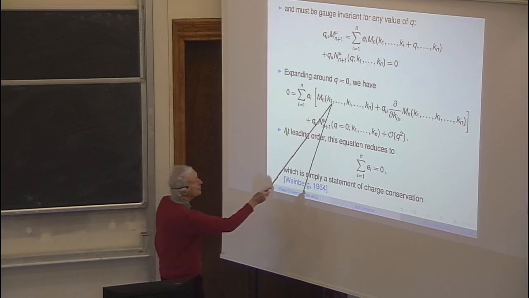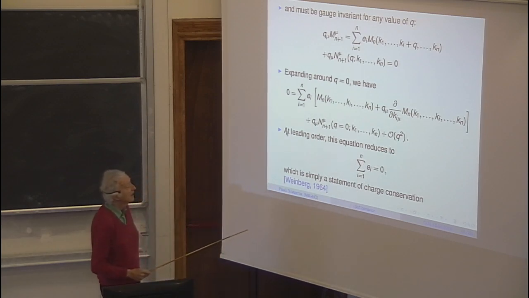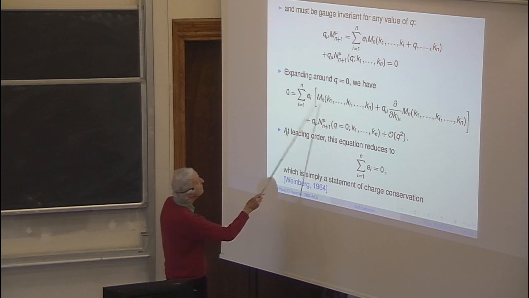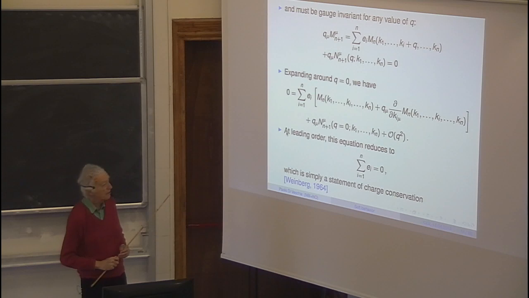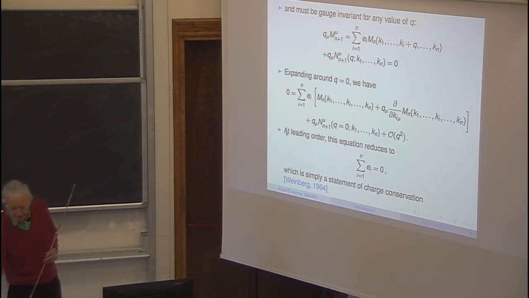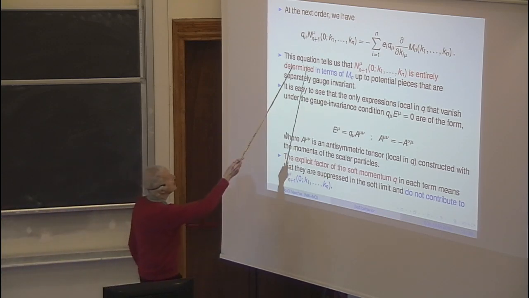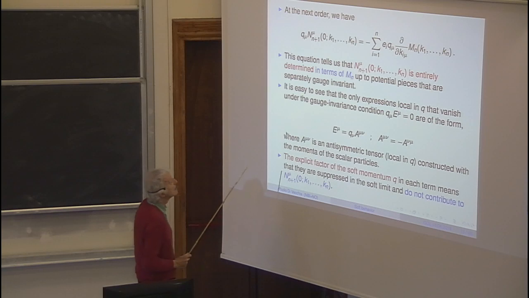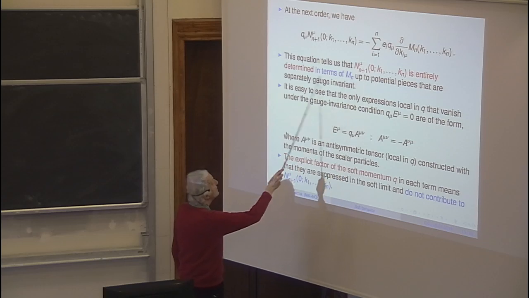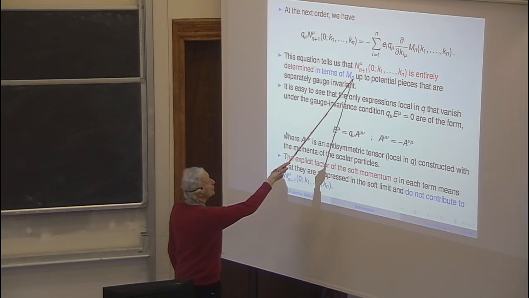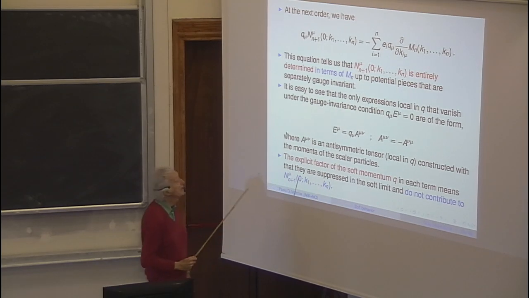You get this term, and this term, and this term, and then order Q squared. Now, at leading order, if this is 0, you have to require that the sum of the charges is 0. And that is charge conservation. At the order Q, you get this equality. And this equation tells that this N is entirely determined in terms of M n, the amplitude without the soft particle, up to potential terms that are separately gauge invariant.